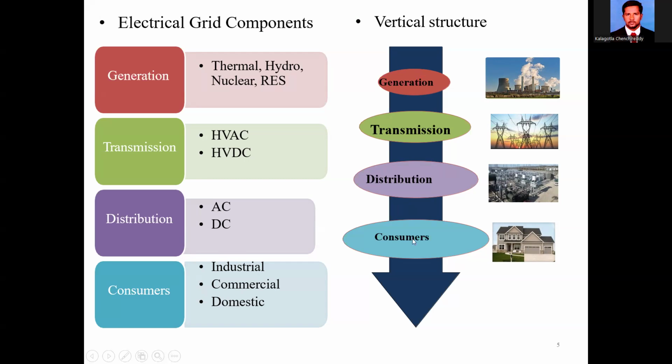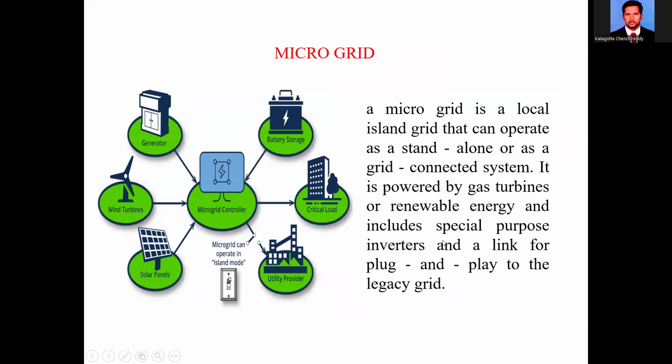This is the vertical structure of the grid: generation, transmission, distribution, and consumers. This is the microgrid diagram. In this microgrid diagram, there are a total of 7 blocks. One is the microgrid controller.